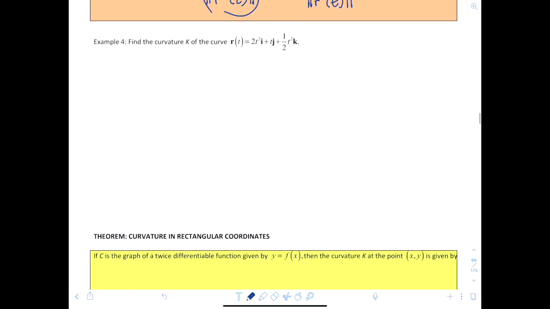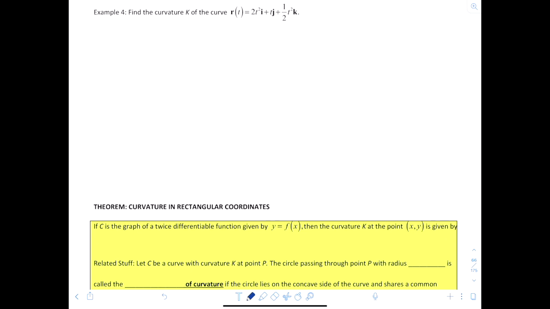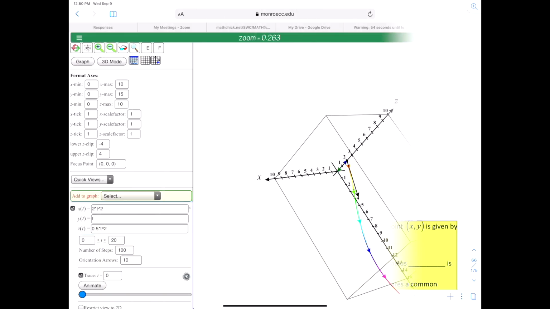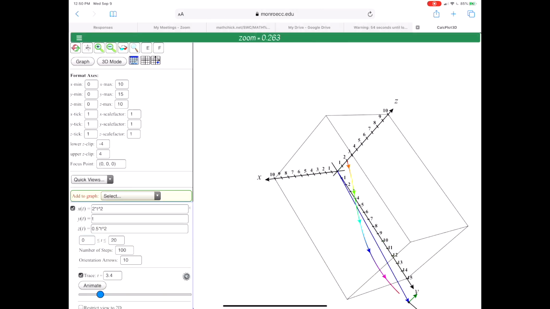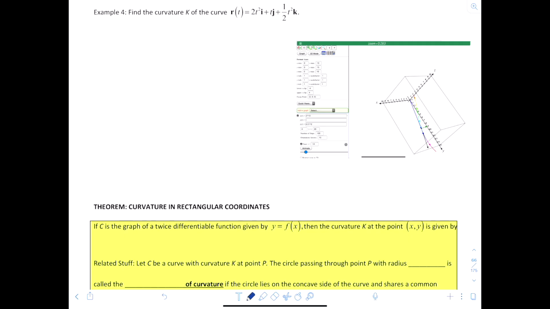Finding the curvature K of the curve R at t equals 2t squared i plus t j plus 1/2 t squared k. So if we animate our t, it goes along the curve like this. And so checking out our curvature, it just depends on which route you want to go.